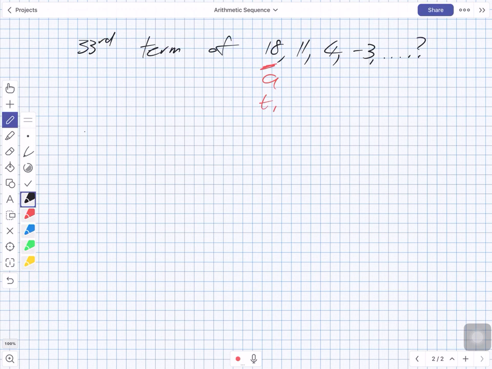So, t at n is equal to a plus n minus 1 times d. Can we figure out what d is in this case as I move along? -7, great.